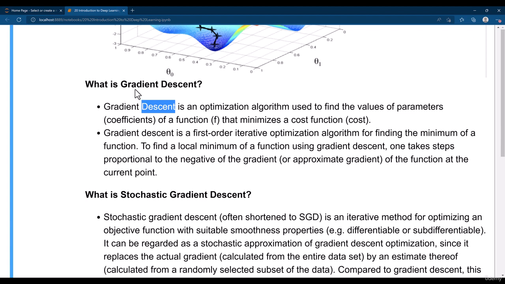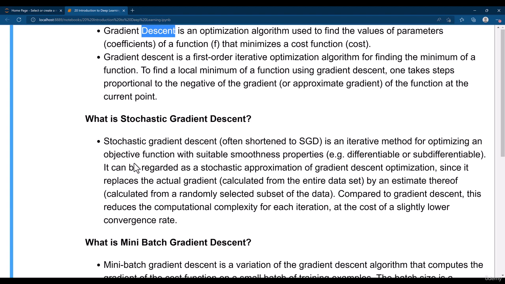But if you take all data at once, it becomes difficult to calculate the loss function for all data at once. Then the training becomes slow and takes a lot of time. That's where we use stochastic gradient descent. It takes some input data randomly.